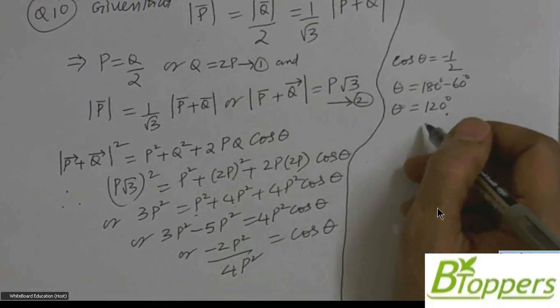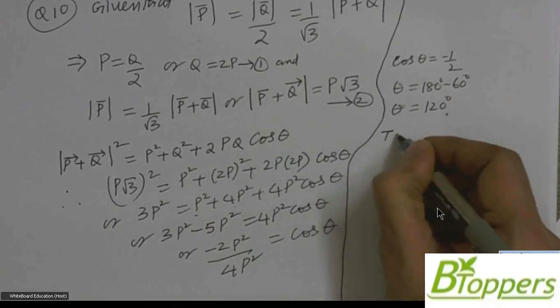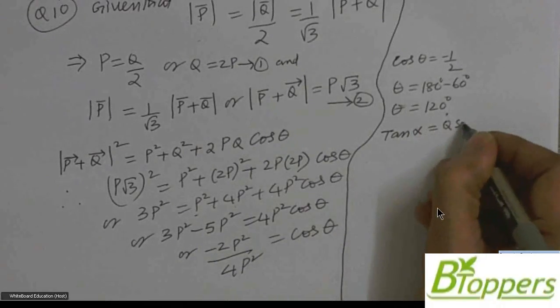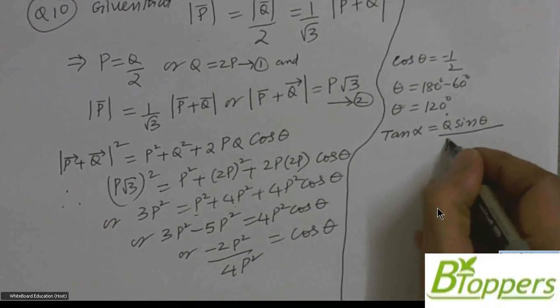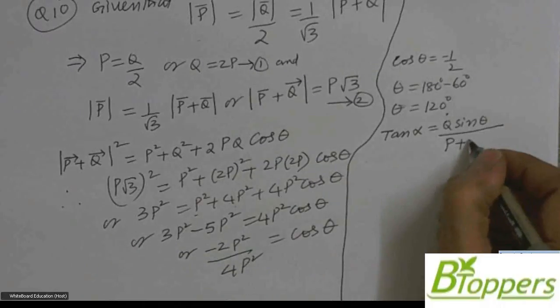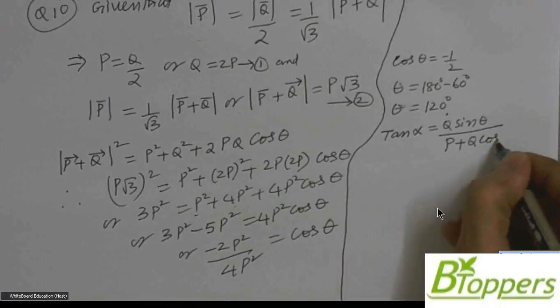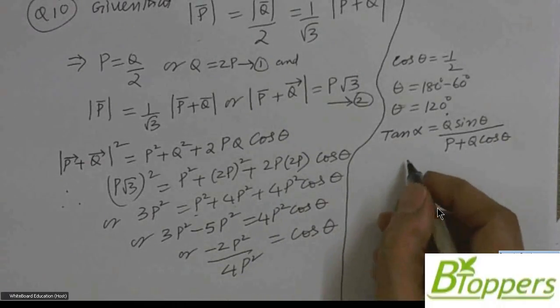Next, we are also asked to find the angle alpha made by the resultant vector with the first vector p bar. So, using the equation for direction of the resultant, we can write tan alpha equal to q sin theta by p plus q cos theta.